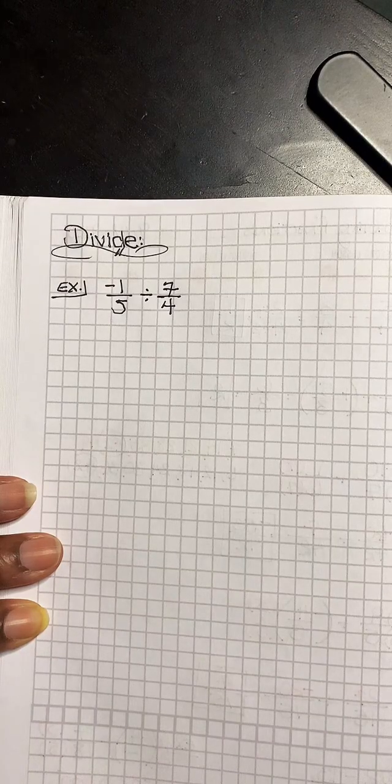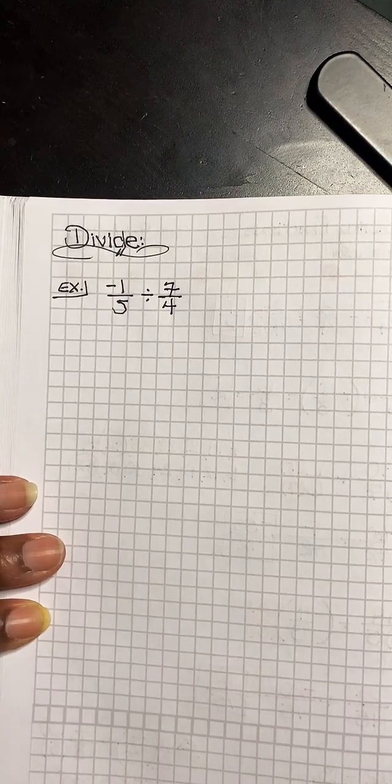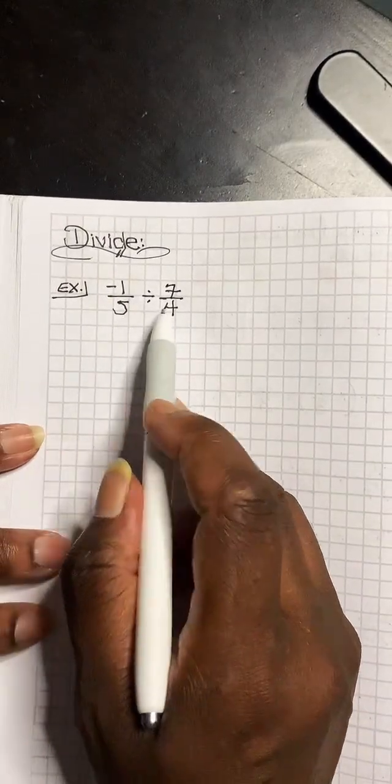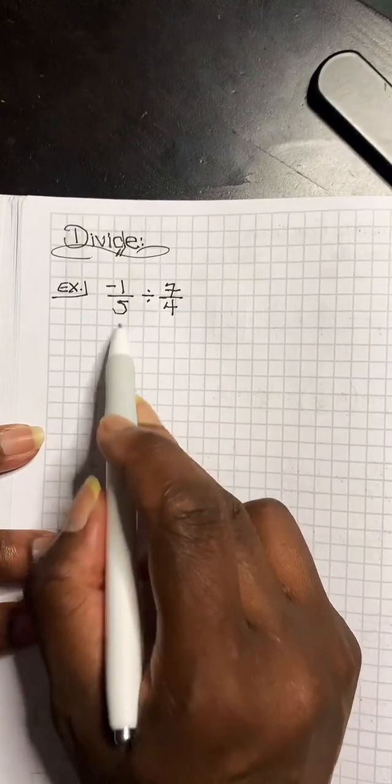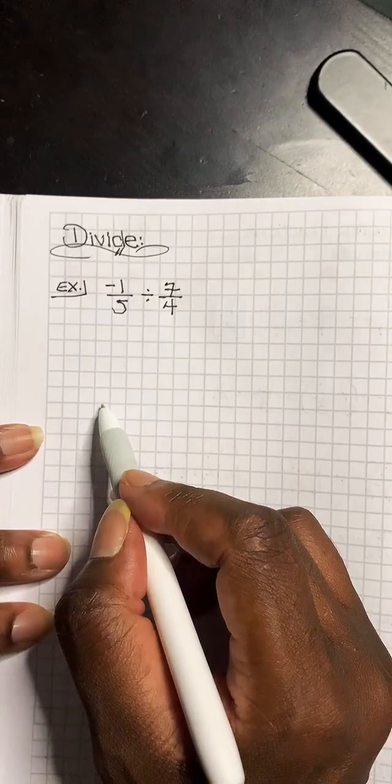All right. Okay, so we have negative 1/5 divided by 7/4. We could actually just divide one fraction over the other, but that looks like a double-decker bus. That's too much, right?